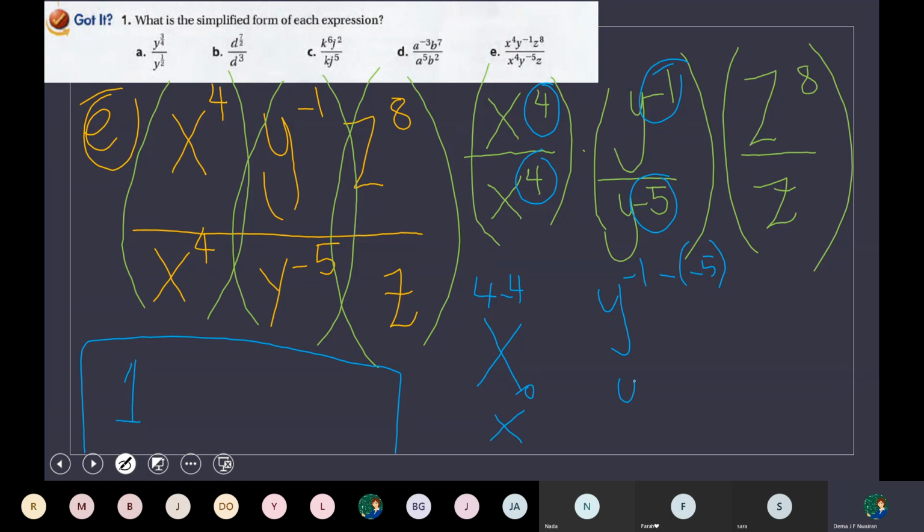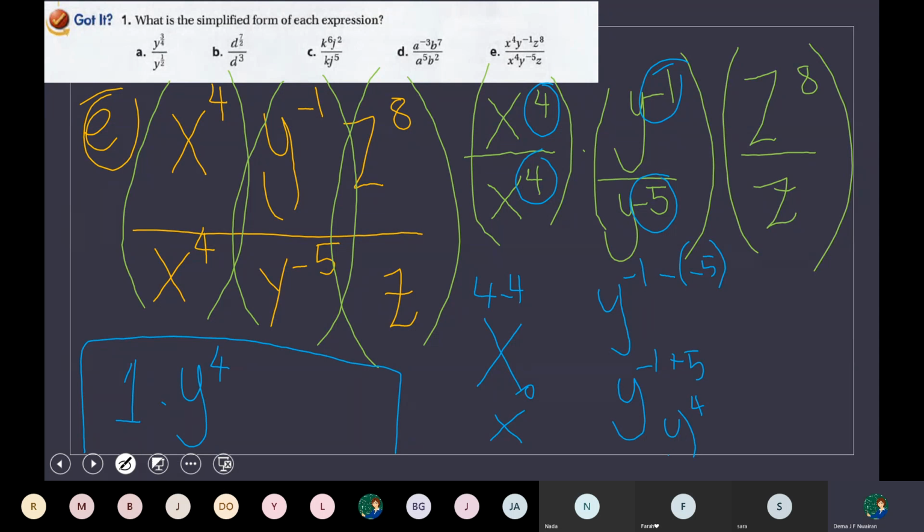What will it be? Negative 1 plus 5, which is 4. So the answer is y raised to 4.